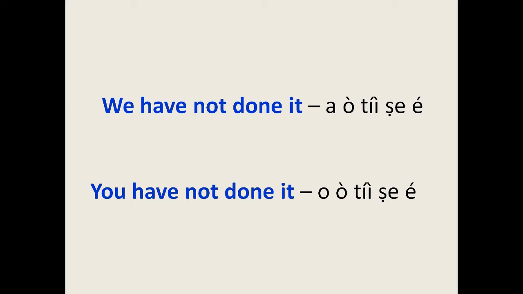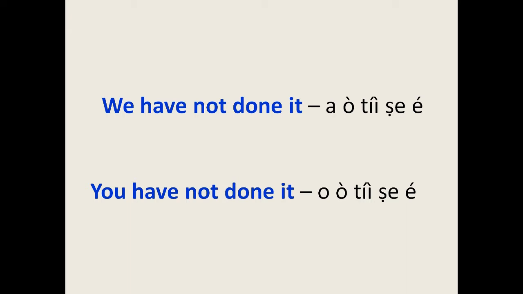Now please, a caution here. The have we are talking about here is strictly the one that comes in this form as a helping verb. When you say have in terms of possessing something, like I have a car, I have food, I have a bottle of water, that kind of have is different.